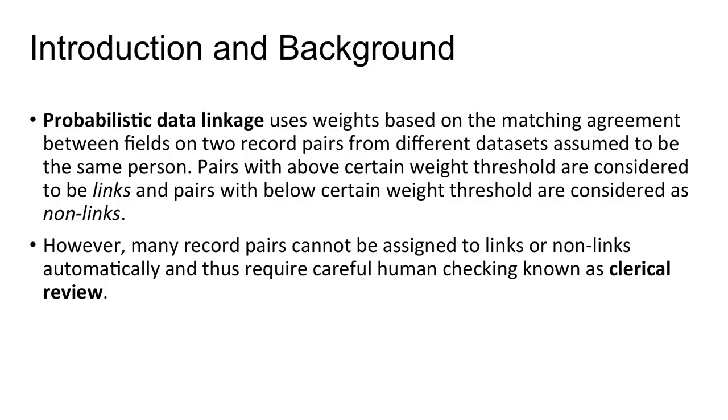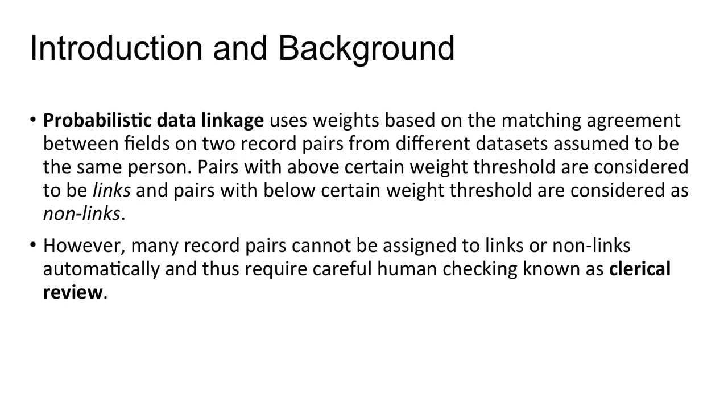First of all, I would like to talk about probabilistic data linkage, which we use in AIHW. Probabilistic data linkage uses weights based on the matching agreement between fields on two record pairs from different datasets assumed to be the same person.